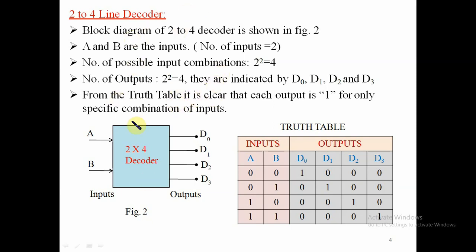The block diagram of the 2 to 4 decoder is shown in the figure. A and B are the two inputs, and there are 4 possible input combinations, so the outputs are 2 raised to 2, that is 4, indicated as D0, D1, D2, D3.